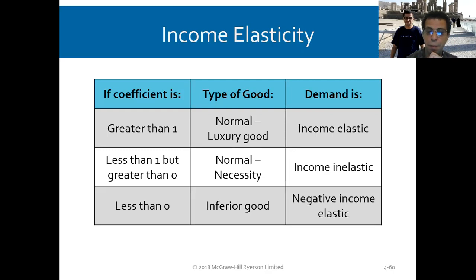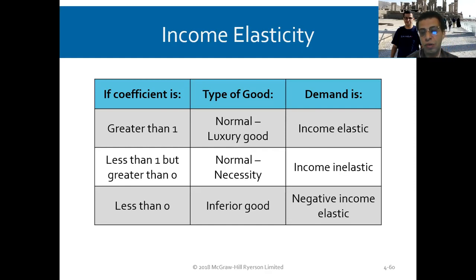What does that mean? If the coefficient is greater than one, and the product is a normal product, then the more your income increases, the more the demand for that product. So for a normal product, an increase in your income will end up with you consuming more.